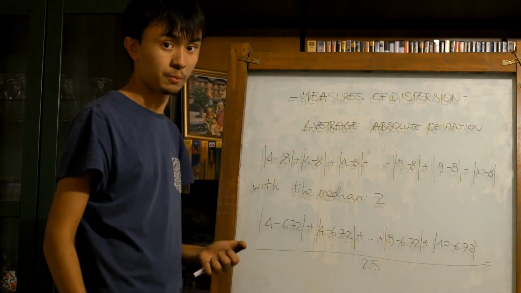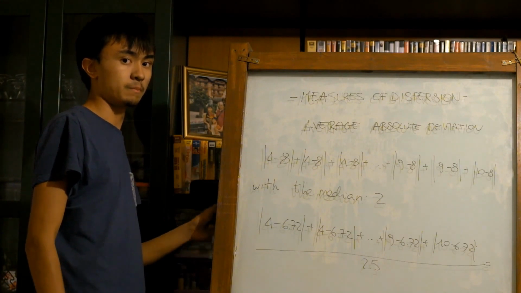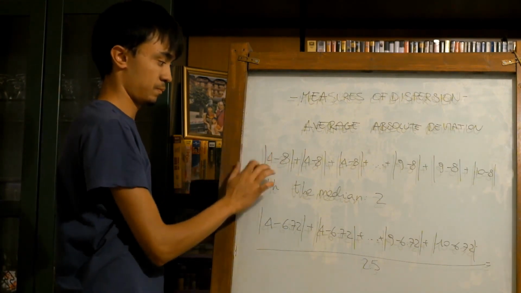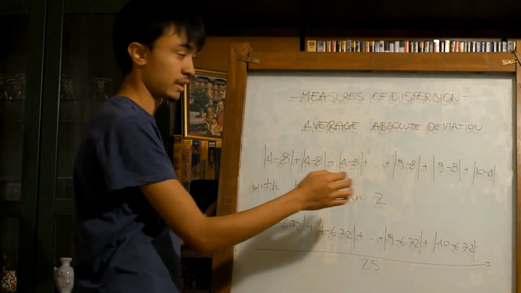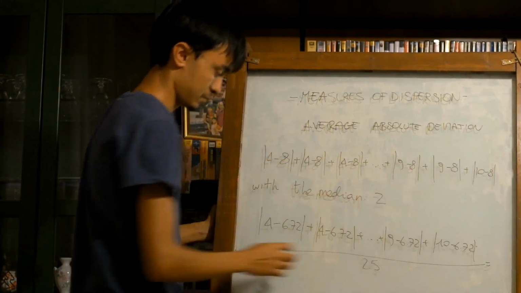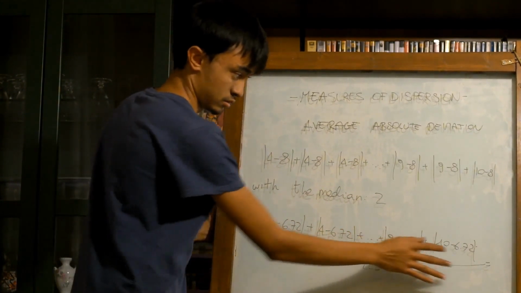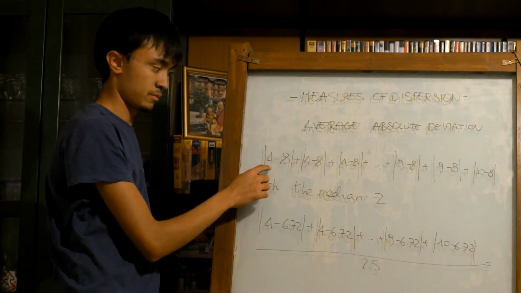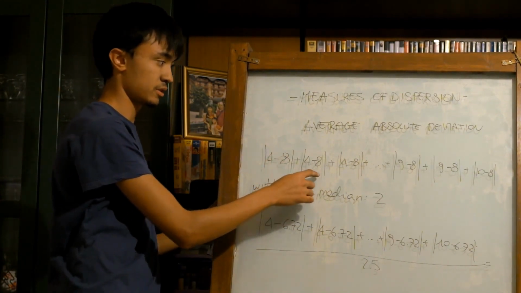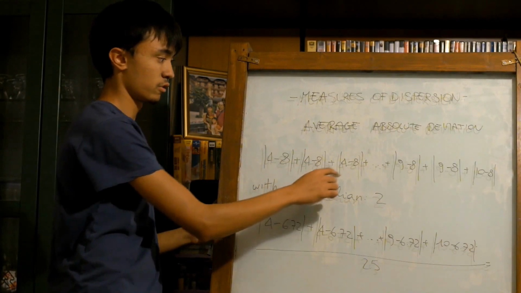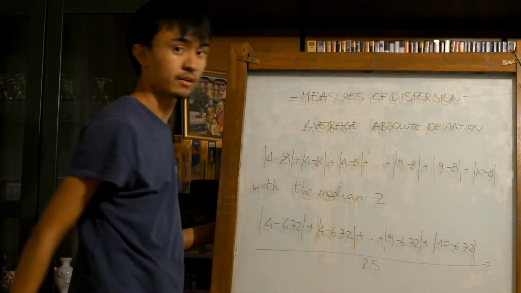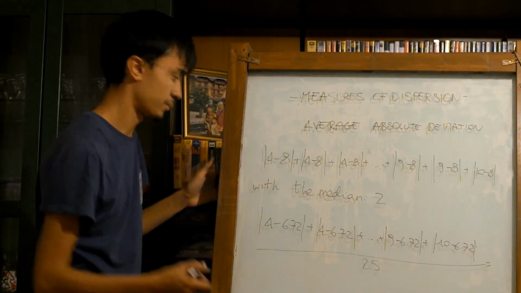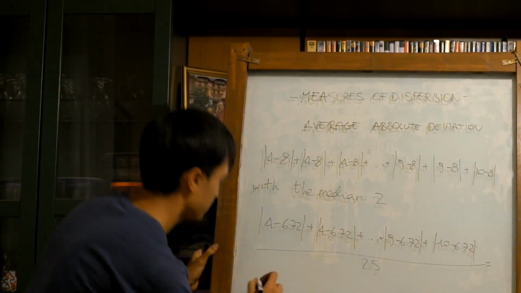We can, for example, take the difference between every element of the data set and a central point like the median: 4 minus 8, 4 minus 8, where 8 is the median, and 4, 4, 4, etc., 9, 9, 9, 10 are the elements of the data set.